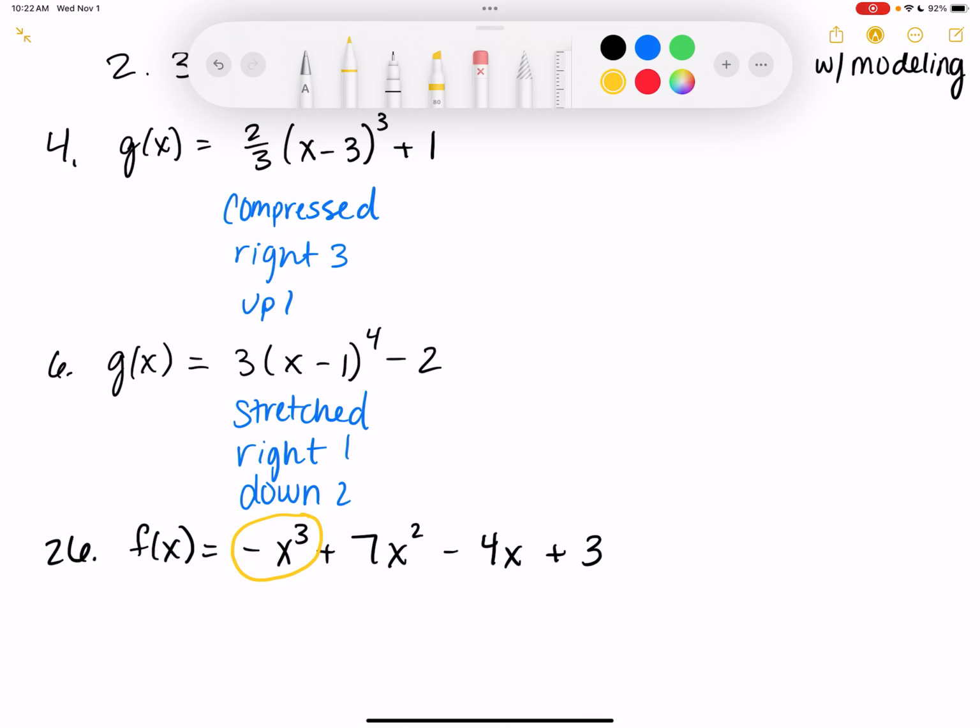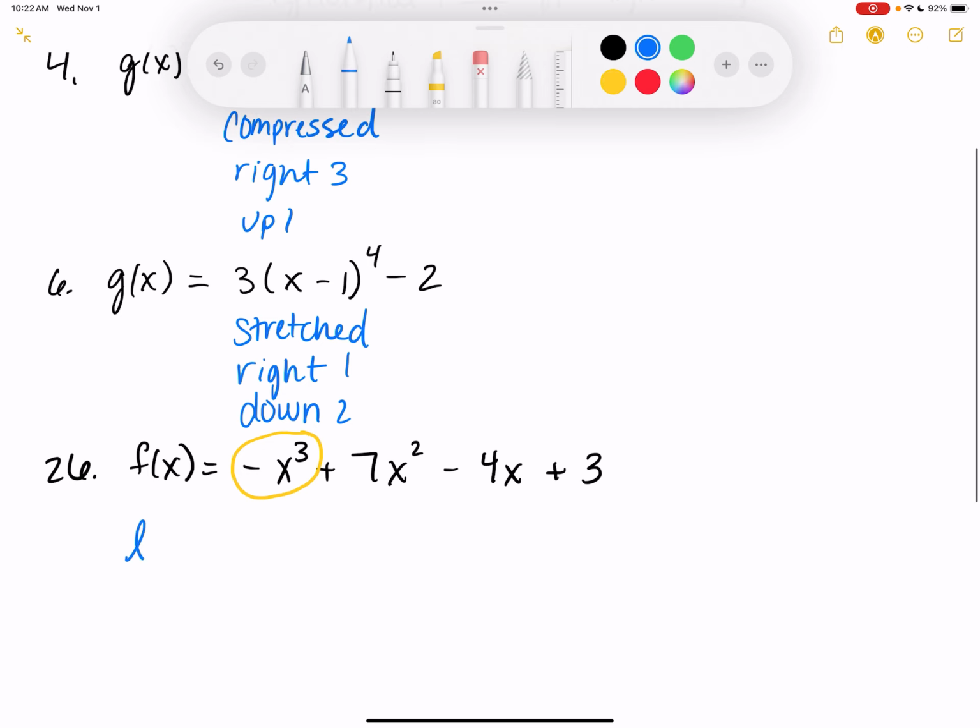So in this case, the first thing I'm looking at is the limit as x approaches infinity. So as x gets really, really big, I always think something like positive 500. What happens if I put in positive 500 for x? I don't need to know what that number would end up being, 125 somethings.